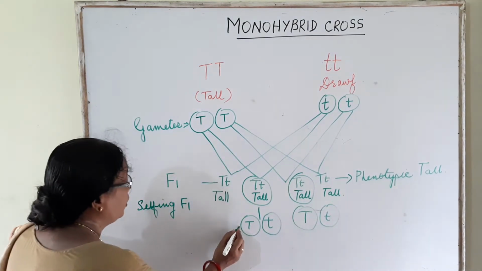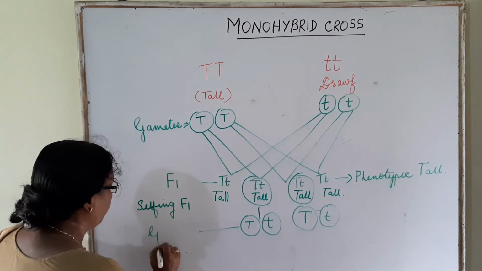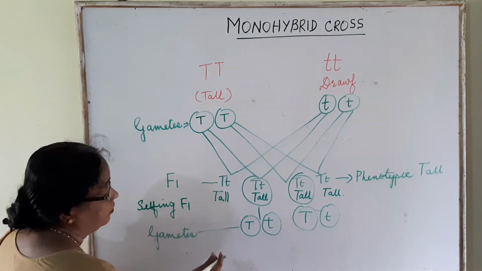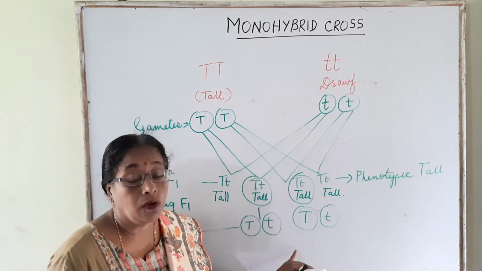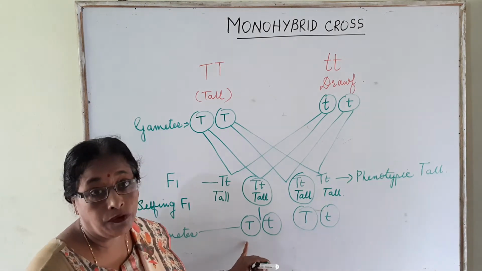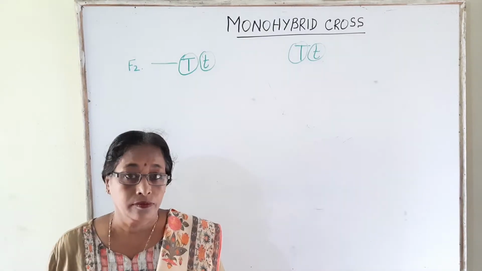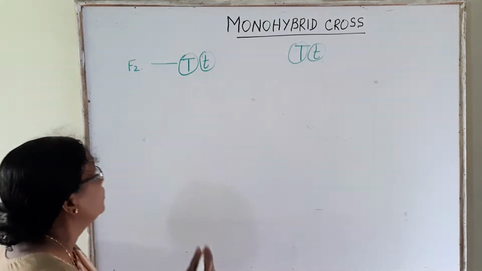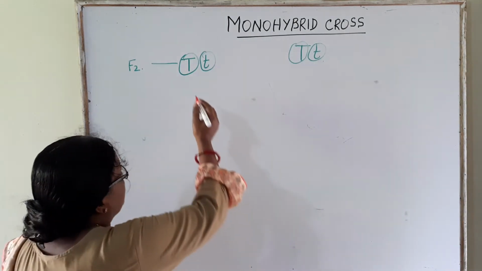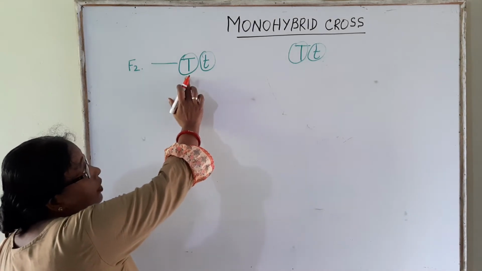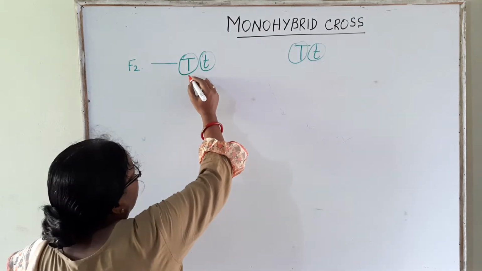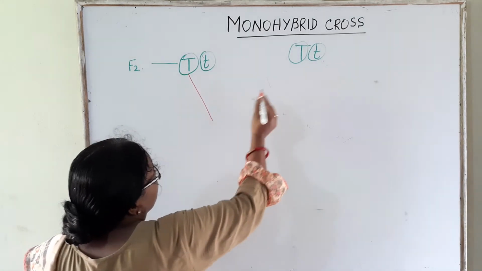These are the gametes of the F2 generation. Now we have to do crossing of these gametes of the F2 generation. The gametes we got are capital T and small t, capital T and small t. So let's do the crossing of these gametes.